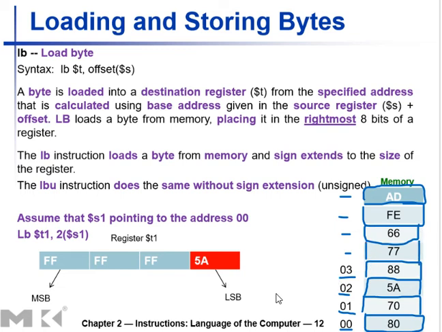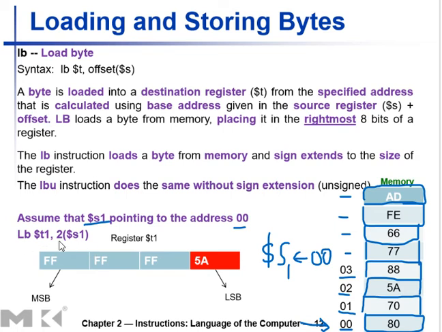Now let's assume that register S1 is pointing to the address 00. So this is the content of register S1, the value of register S1 is equivalent to 00.